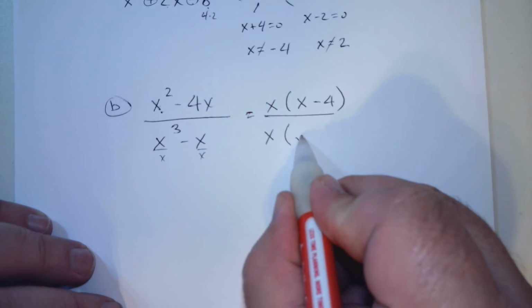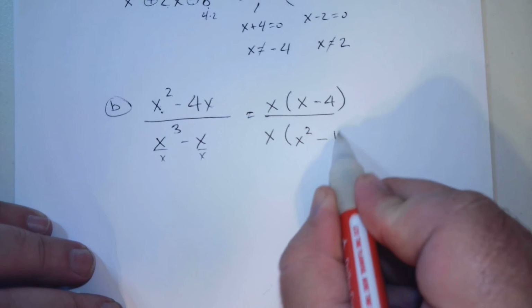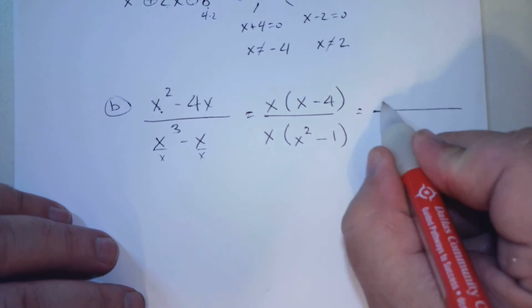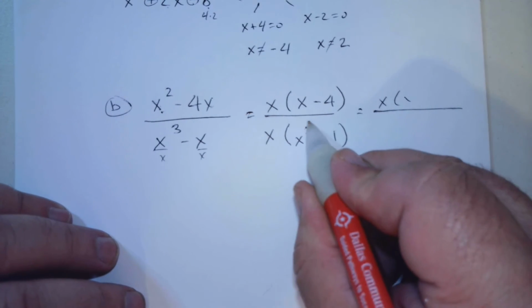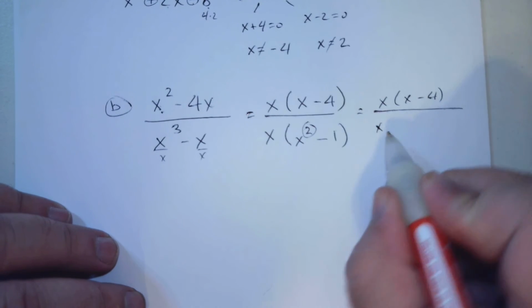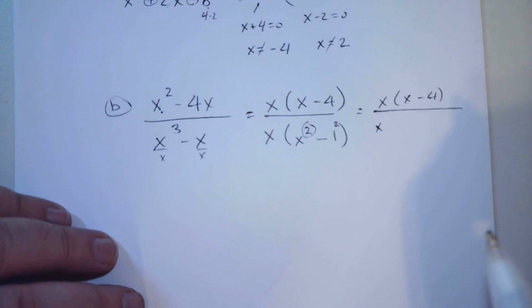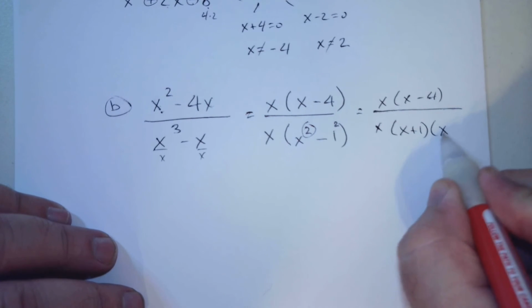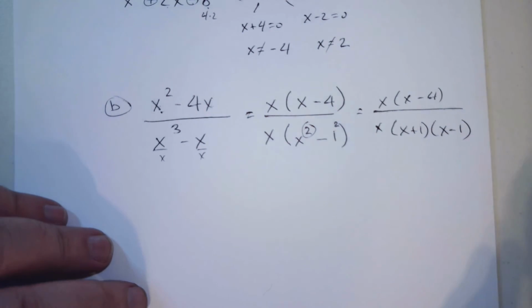So this is going to be x squared minus 1. This is still quadratic, so I see if I can go any further. And I can because it's a difference of two squares. So it's x plus 1, x minus 1.